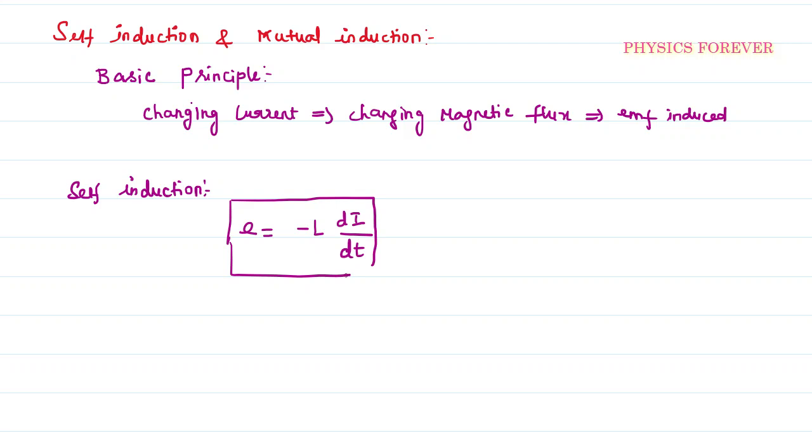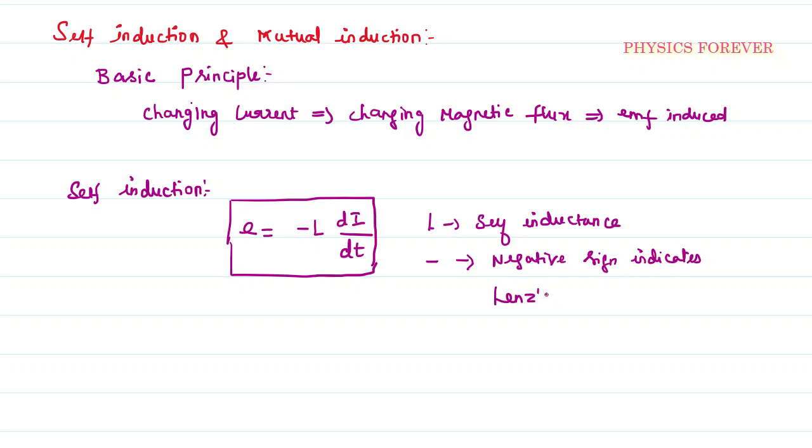In the formula, L is the self inductance, and the negative sign indicates Lenz law, so it opposes changes.